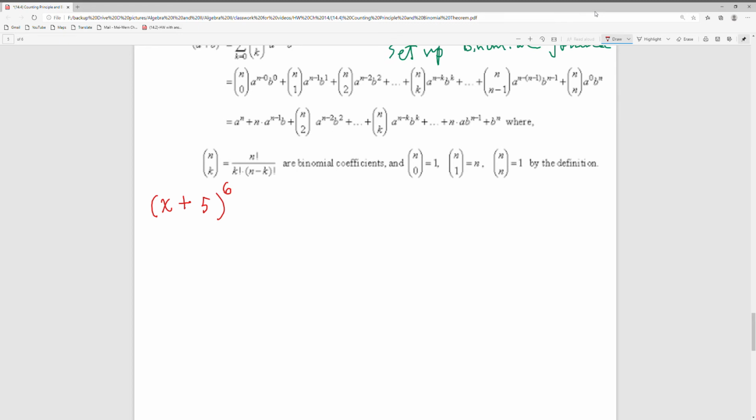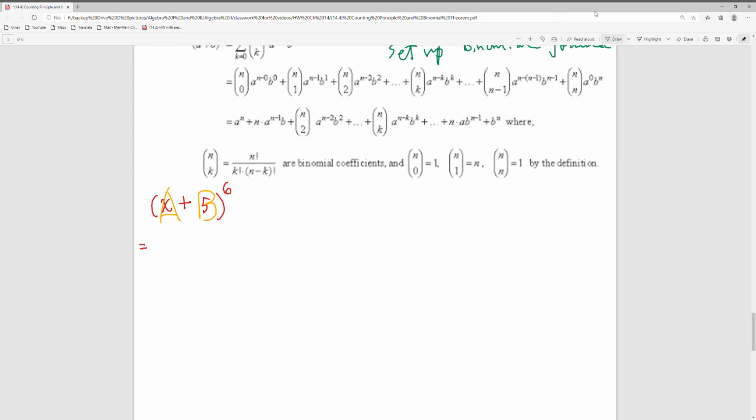Wow, very big number, right? So x is a, and 5 is b. Now how do you set up your formula?